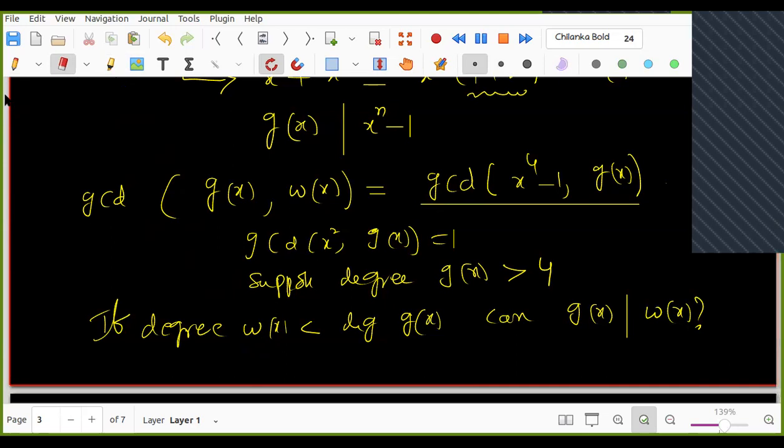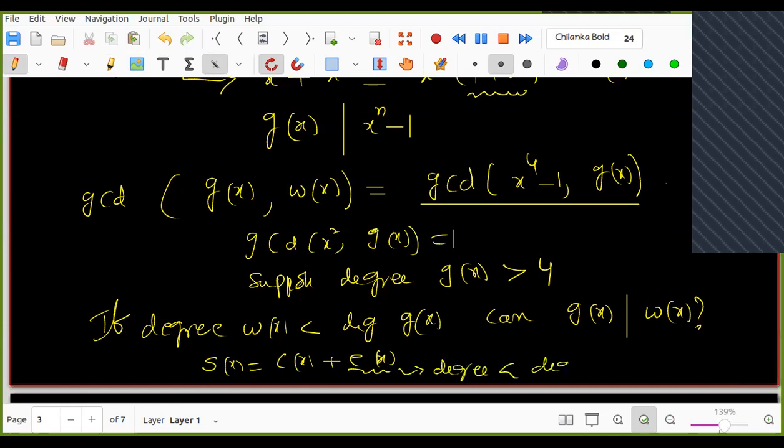So for example, this is my S of x, which is equal to C of x plus some E of x, you remember that, right? But if the degree of E of x is less than the degree of gx, then my remainder is E of x mod gx only.